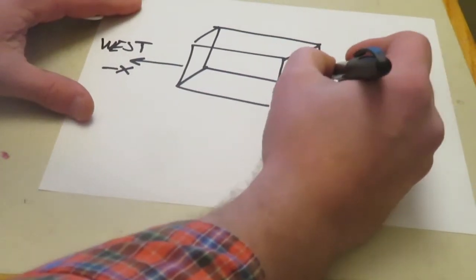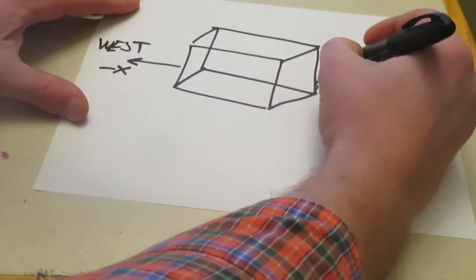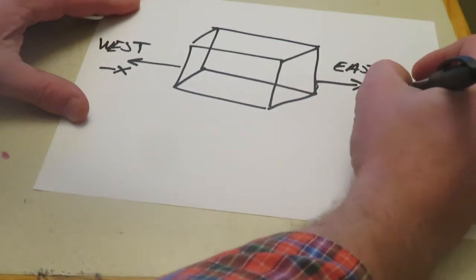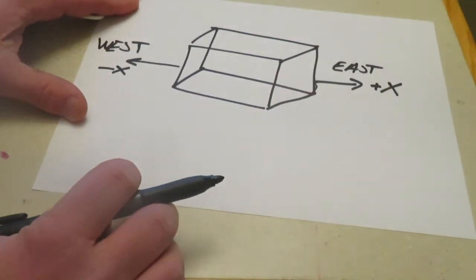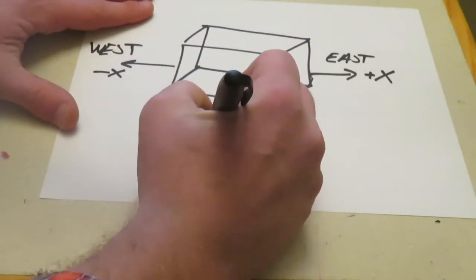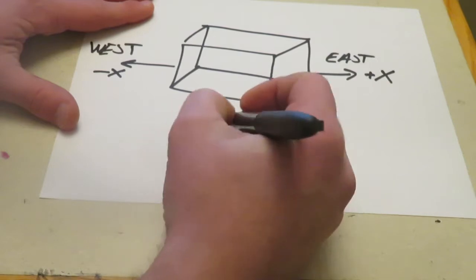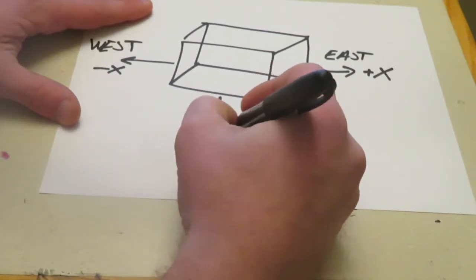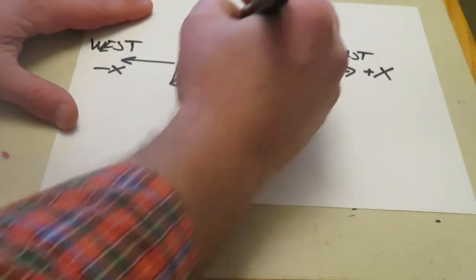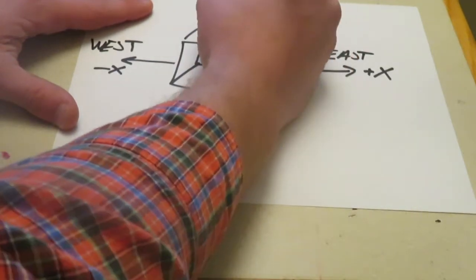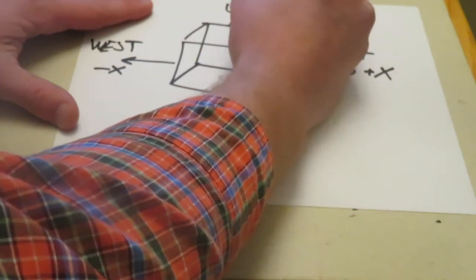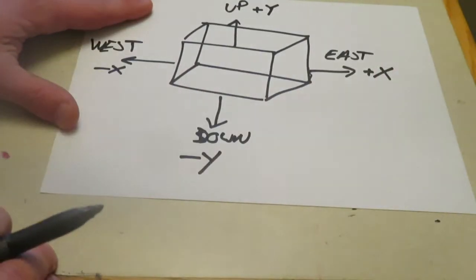As our character moves to the east, our X goes up. When we start heading down, or digging, our Y goes down, and when we move up into the air, our Y goes up.